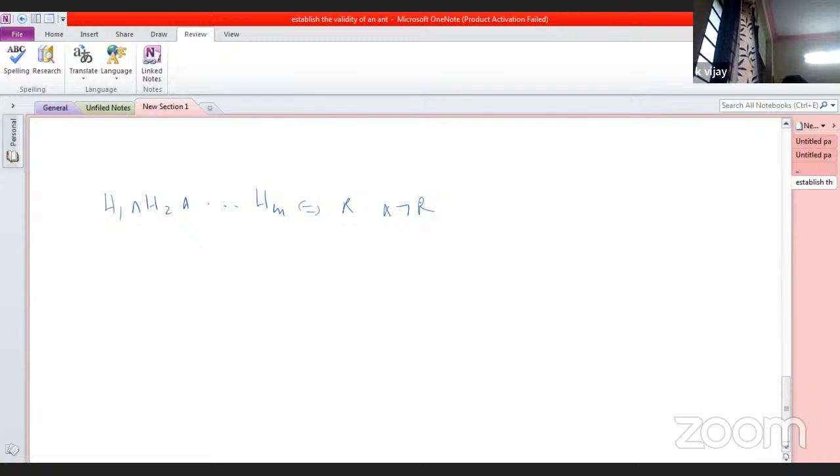We show that a conclusion C follows logically from the premises H1, H2, H3, ..., Hm. So we can assume that C is false, and negation of C is taken as an additional premise.